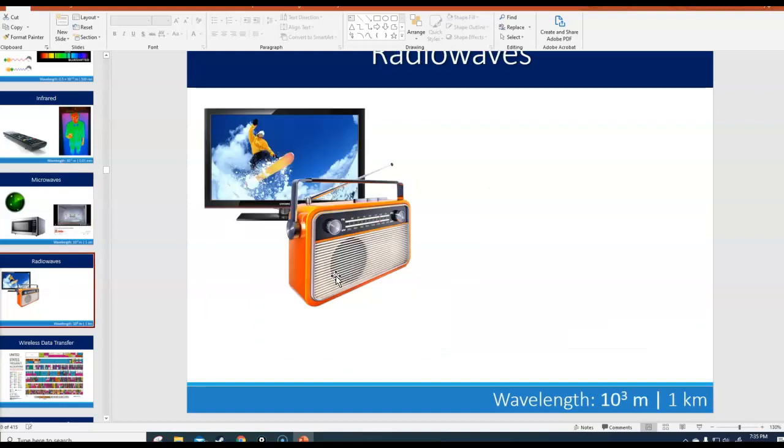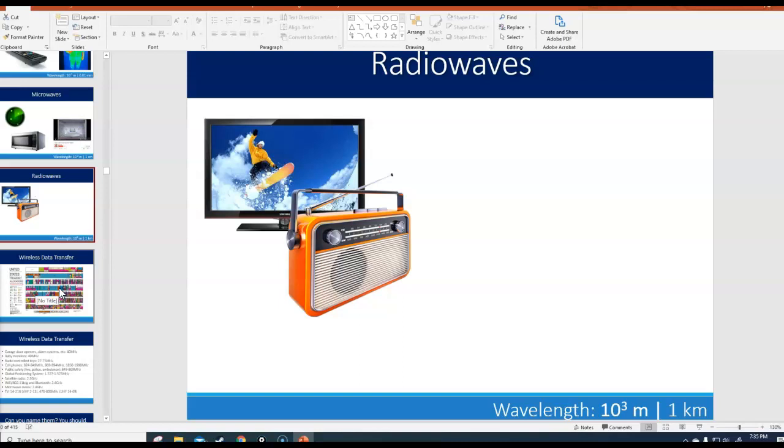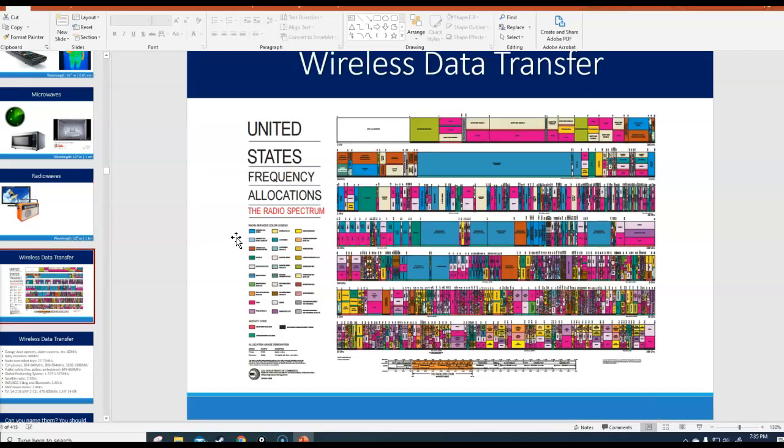And the last part of the EM spectrum, you've got radio waves, which obviously we use for wireless data transfer to listening to the radio. Now, if you think of the EM spectrum, we block out big chunks of it to use for different things.